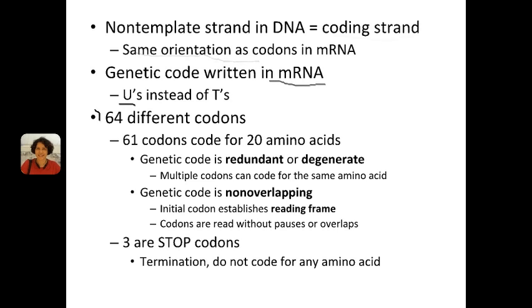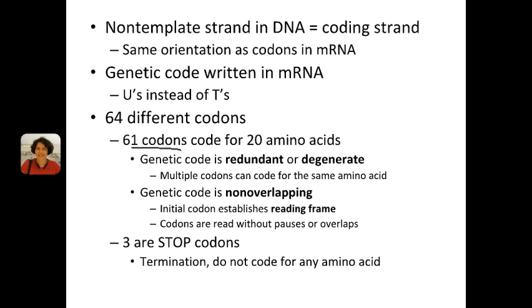There are 64 different codons in the genetic code. What that means is that there are 64 different combinations of 3 nucleotides that will specify different amino acids. Of those 64 codons, 61 codons code for the 20 different amino acids.